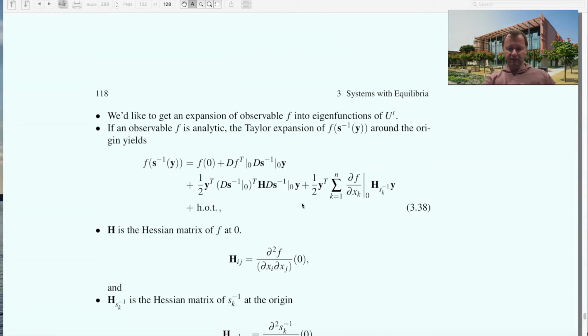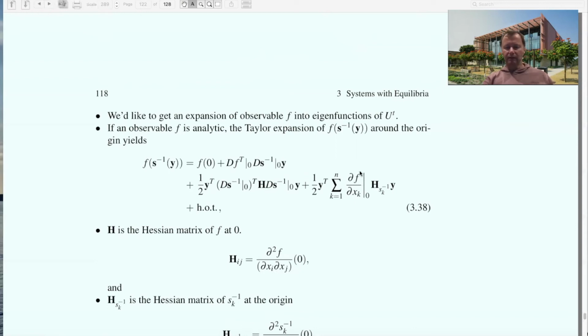And then we have these terms according to the multivariable Taylor expansion that contain dS inverse, the Hessian matrix of f, which contains second derivatives of f with respect to x.